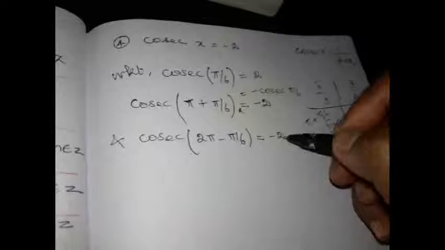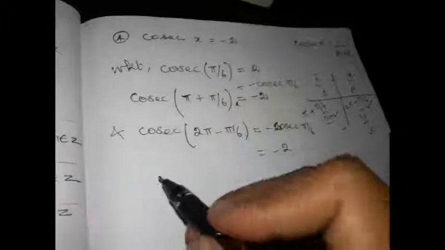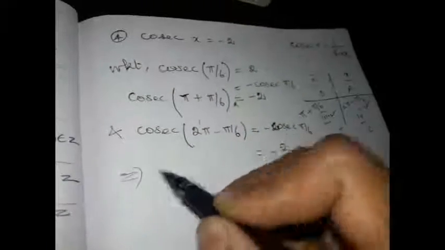cosec pi by 6. So you can write here, which is equal to minus cosec pi by 6, hence it is equal to minus 2. Similarly, here it is minus cosec pi by 6, which is nothing but minus 2. So find what are those two angles.